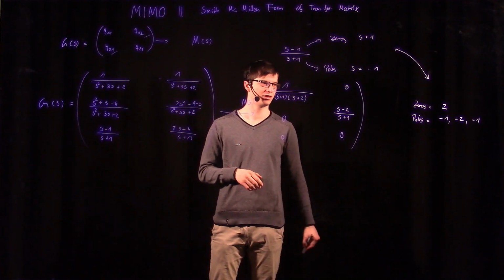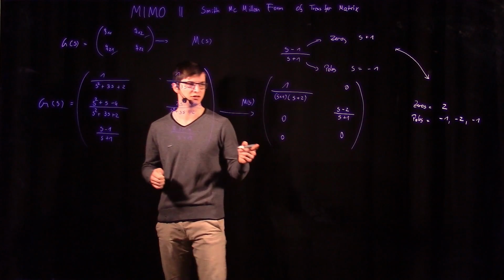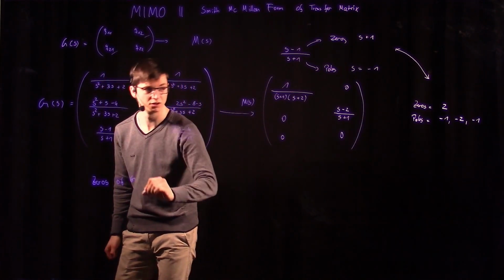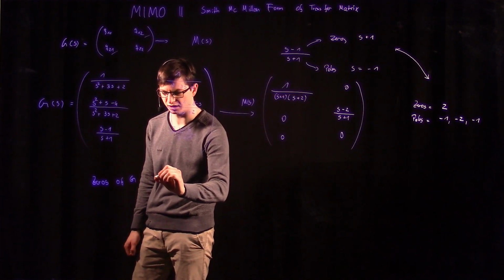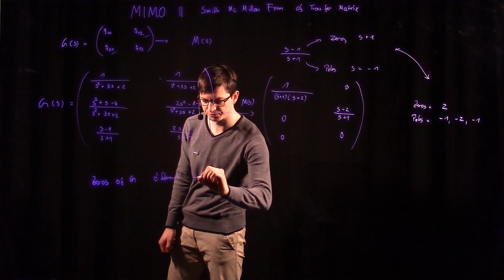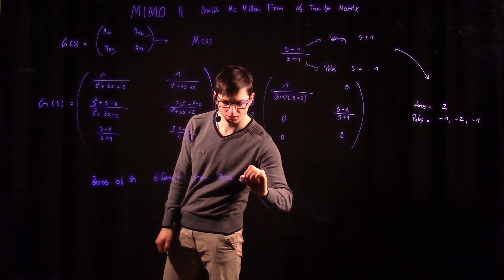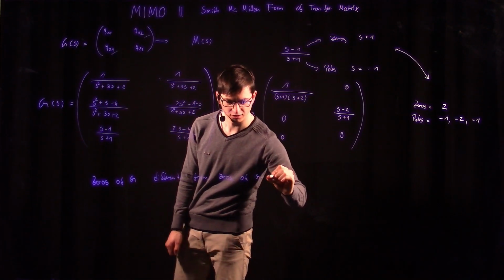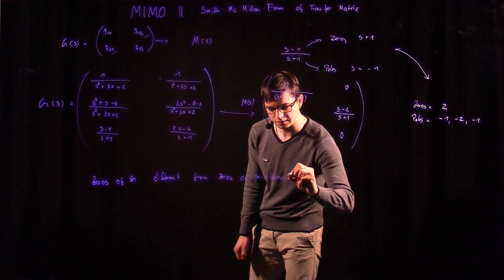So let's write down the most important points from this video. The zeros of G are possibly different from the zeros of G elements.